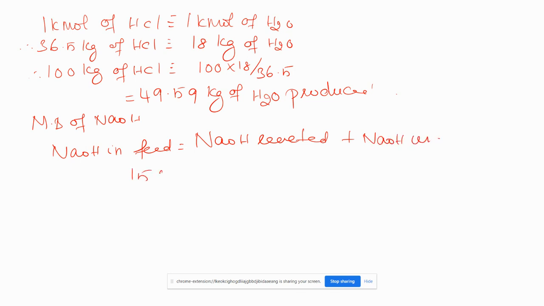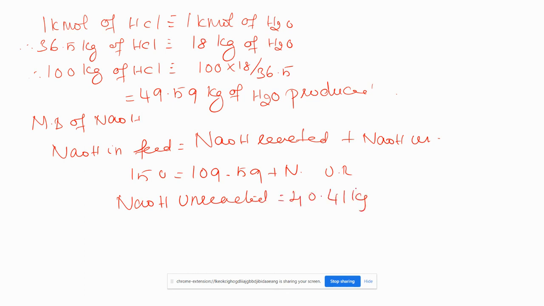That is 150 is equal to 109.59 plus NaOH unreacted. So NaOH unreacted will be equal to 40.41 kgs.